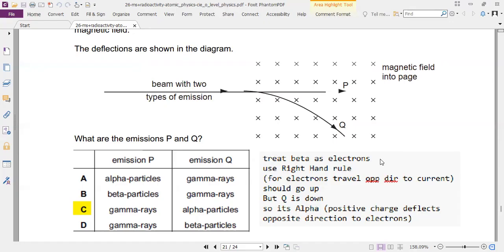So if we use the right hand rule, our first finger should be towards the screen, and our third finger downwards.